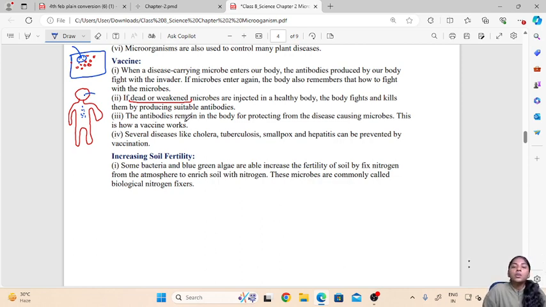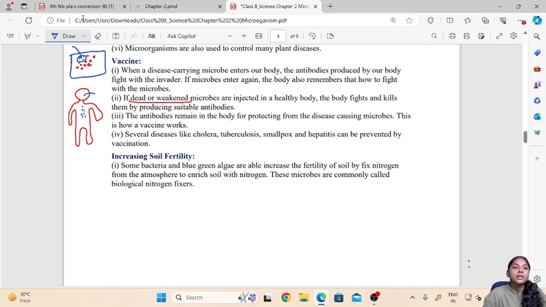So during vaccination, what is injected is the dead or weakened microbes which are easily defeated by our antibodies, and that is how our body learns how to fight against that disease. So in future, if we are attacked again by such disease causing microbes, our body already knows how to fight against that disease.